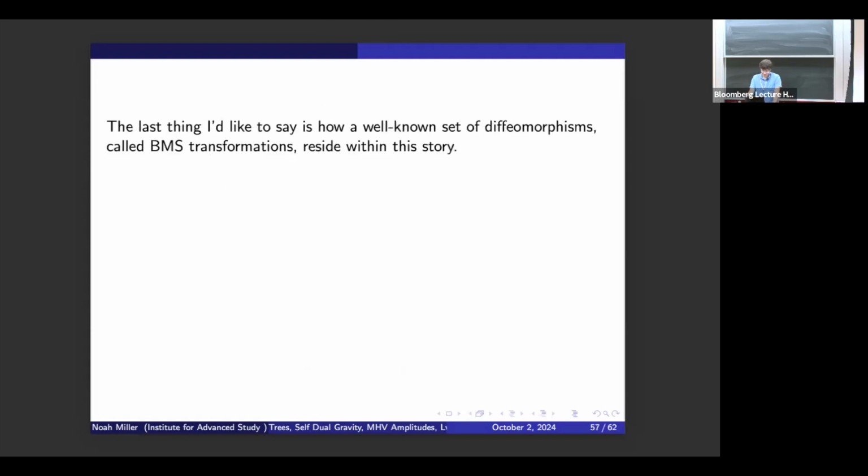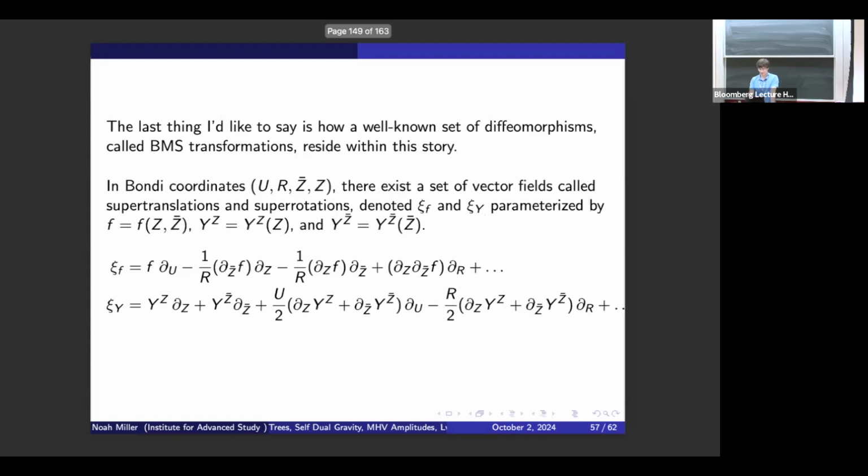Okay, so I'm almost done, but the last thing I'd like to say is how these Lw1+infinity transformations fit with the well-known set of diffeomorphisms called BMS transformations, or rather extended BMS. In Bondi coordinates, which I'll write as capital U, capital R, capital Z bar, and capital Z, there exists a set of vector fields called super translations and super rotations, denoted by CF and CY.